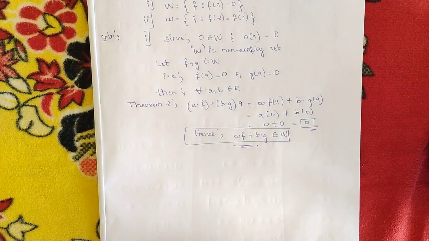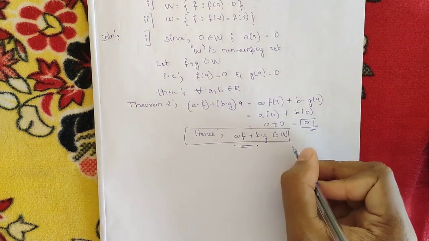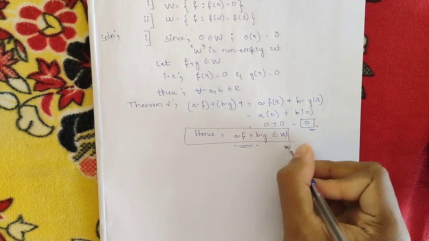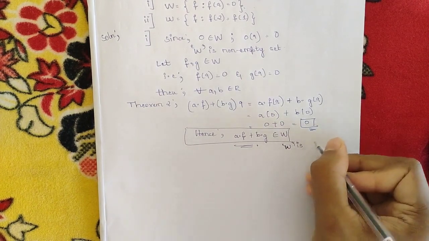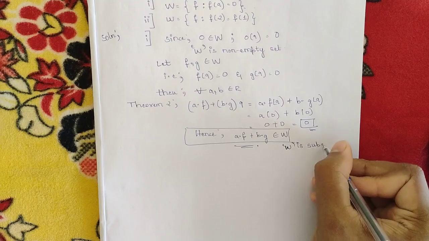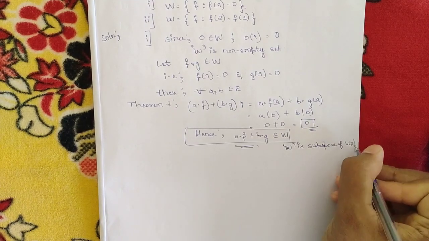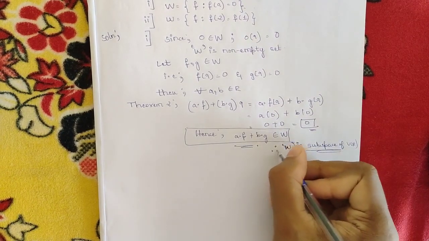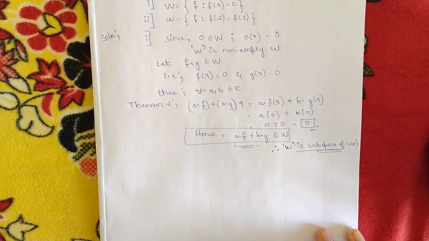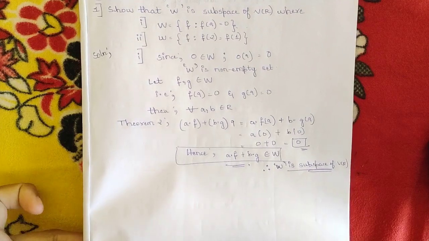Okay, so by theorem 2 we can say that finally W is the subspace of V of R. Okay, understood, right? Just try to understand.